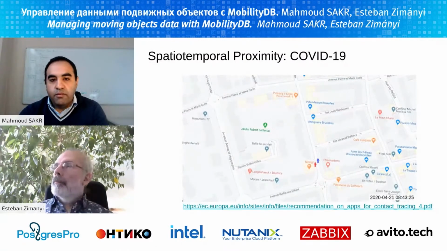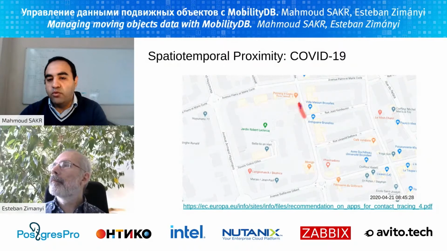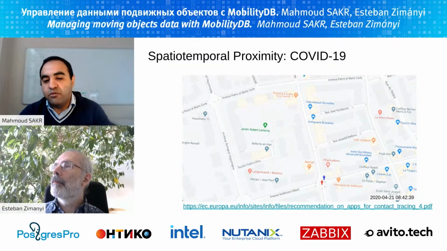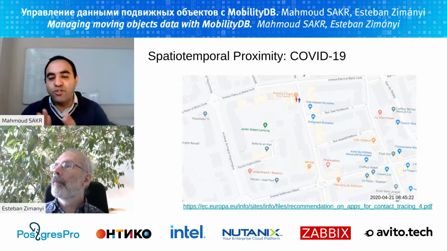The very same API, the very same function, can be used in a completely different context. This is for COVID-19 contact tracing. Again, these are two real trajectories. We make a story about them, that the red guy is infected, has COVID, the blue one is not, and we want to see when they break the social distancing, 1.5 meters.